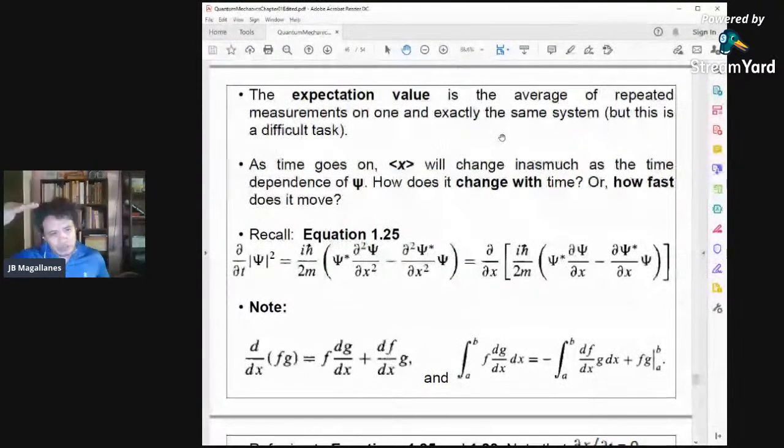So you have to let the wave function of that particle go back to its original state. Then you have to wait and then you have to do the measurement again. Not the measurement of this system and then you immediately measure. It's not the expectation value.